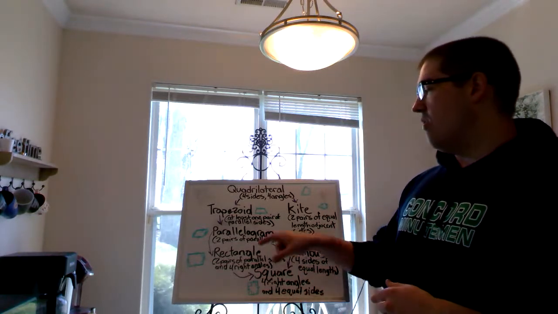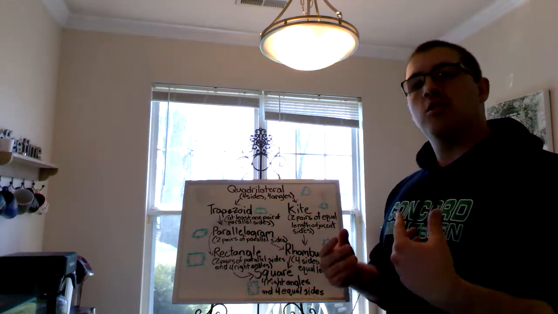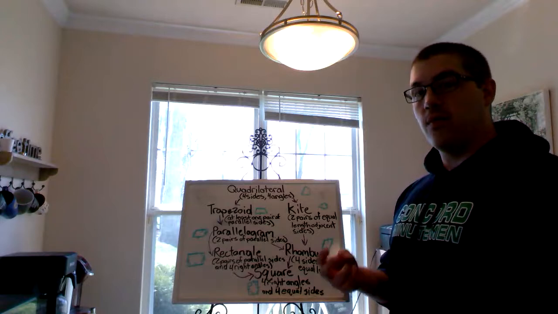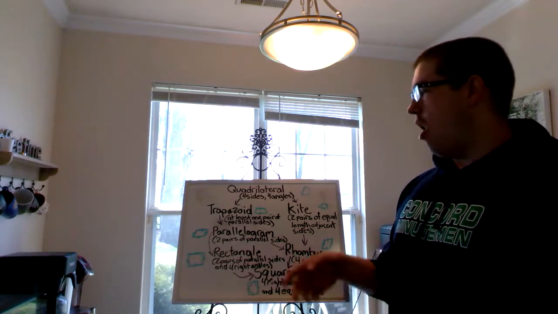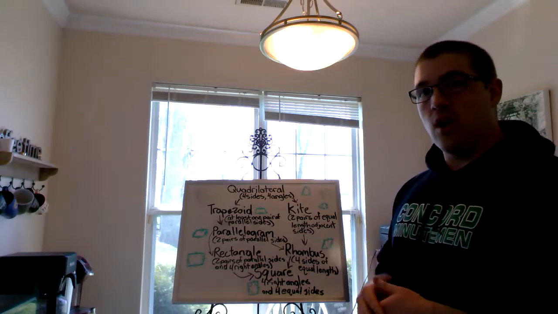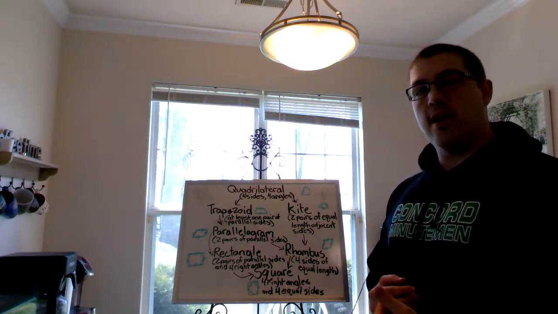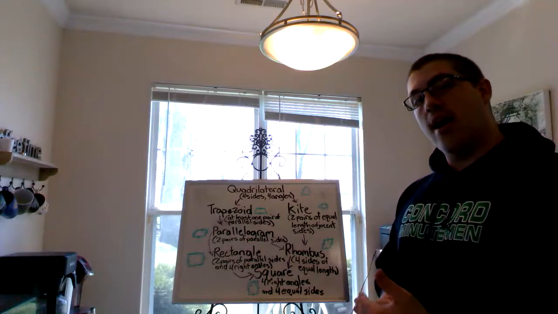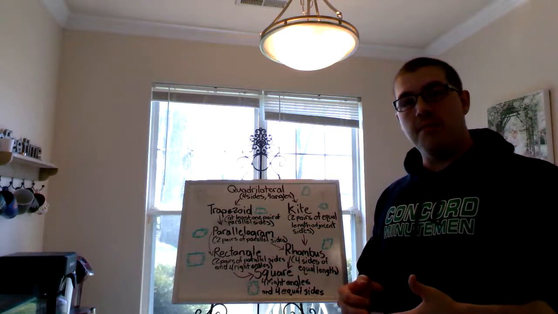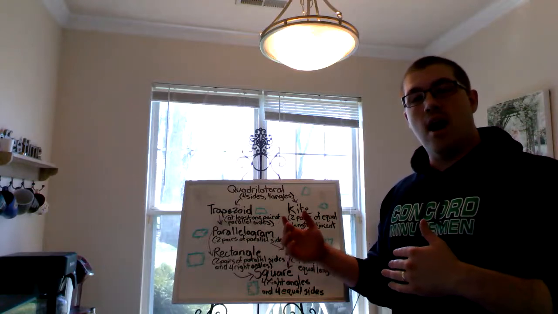So a quadrilateral cannot be a trapezoid, because a trapezoid has an extra property that a quadrilateral doesn't. All of these shapes have four sides and four angles, so a trapezoid can also be classified as a quadrilateral, because it has four sides and four angles, as well as at least one pair of parallel sides. That's what makes it a trapezoid, a type of quadrilateral. That's why it goes down on the hierarchy.